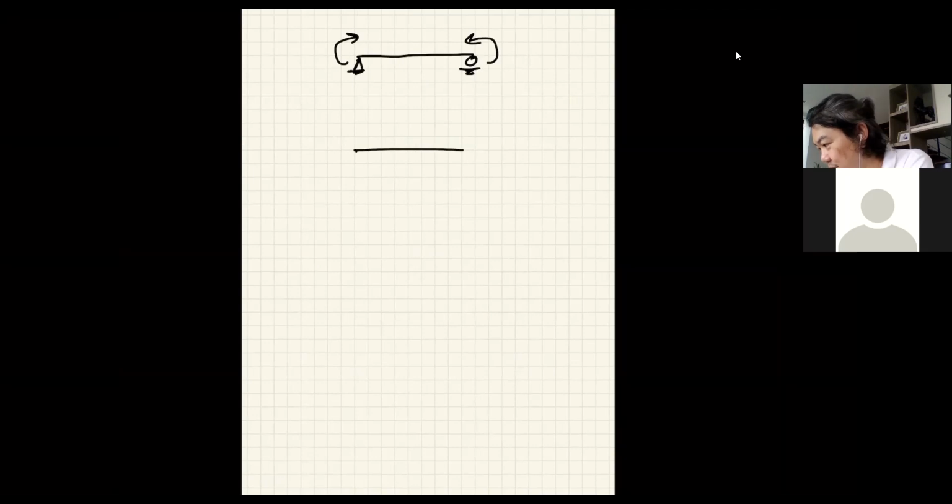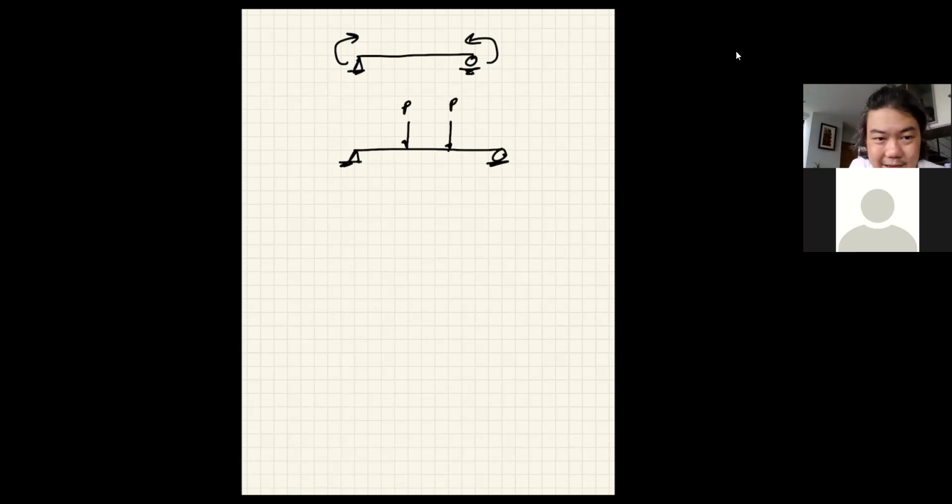Let's say I have a beam, and then I put two equal loads like this. Let's say generally they would do at the 1/3 location. So it doesn't matter. Let's say this distance is equal, A and A. So that would mean your reaction is P and P, right? Correct? What would be your shear force diagram?